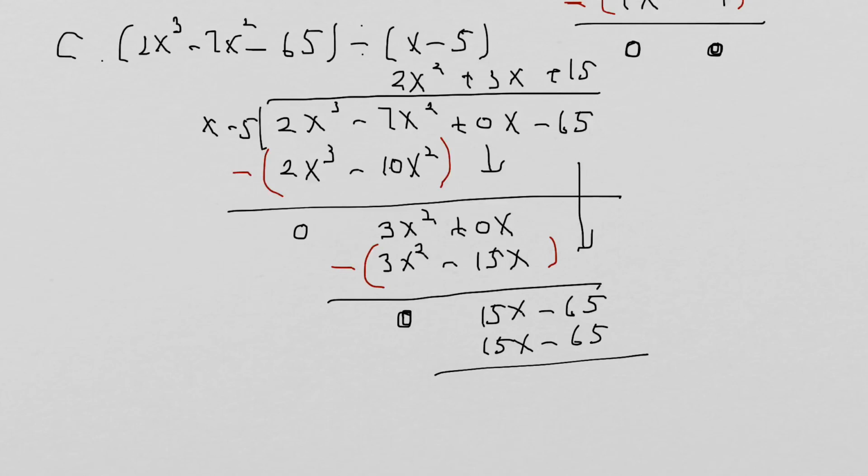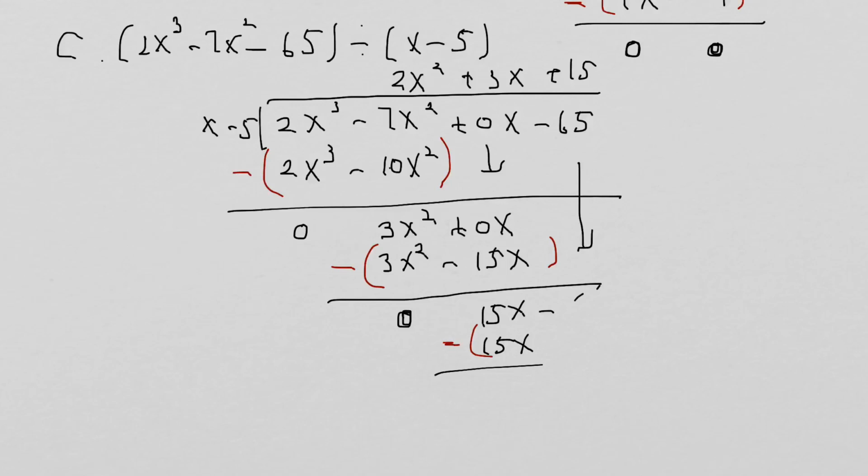And when you subtract, so when you multiply 15 times 5, that will be 75, not 65, right? Let me just erase this whole thing and rewrite it.